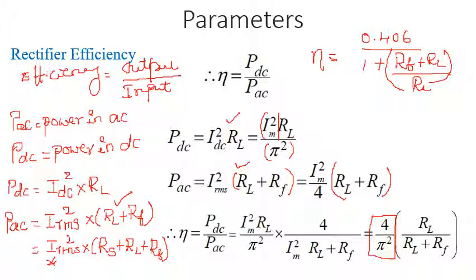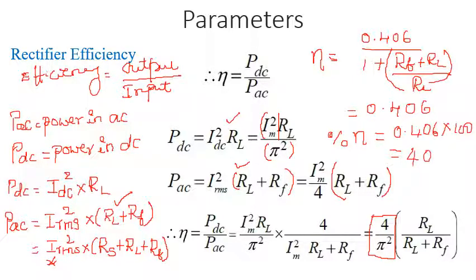If RF is considered to be too small, this becomes 0.406, or in terms of percentage, efficiency is 0.406 into 100, which is 40.6%.